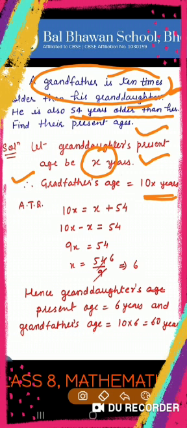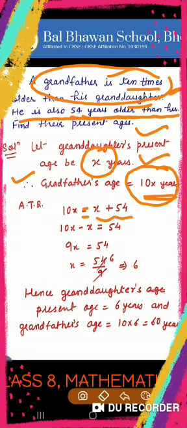Now we will frame the equation according to the question. What is given in the next line? He is also 54 years older than her. According to this line, the grandfather's age, which is 10x, is also equal to x plus 54. Why x plus 54?